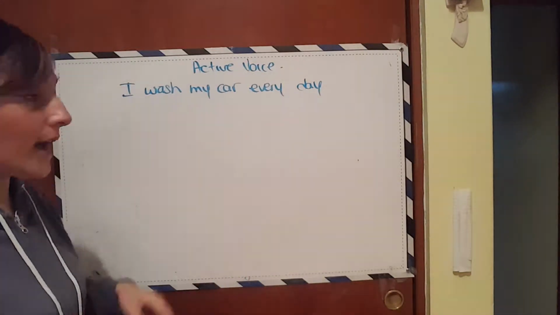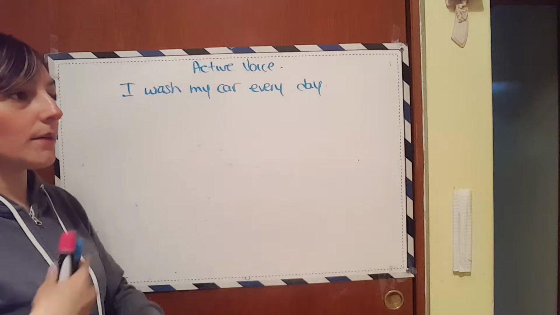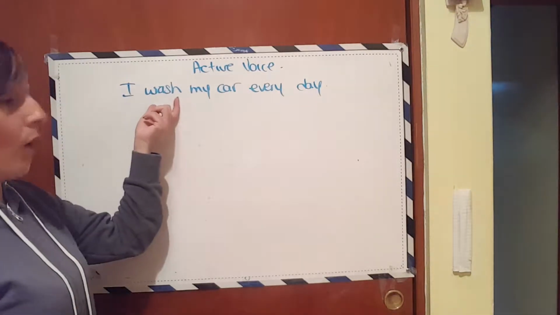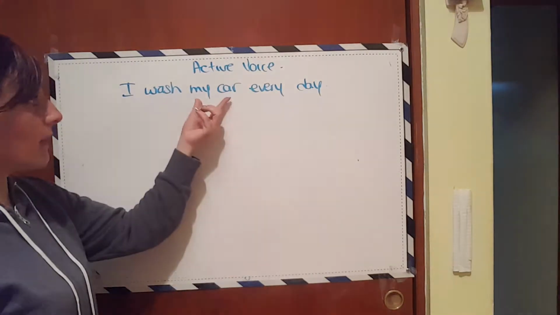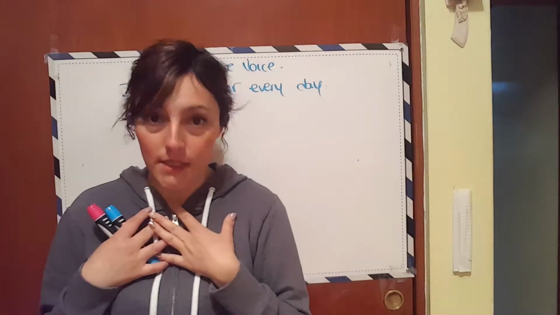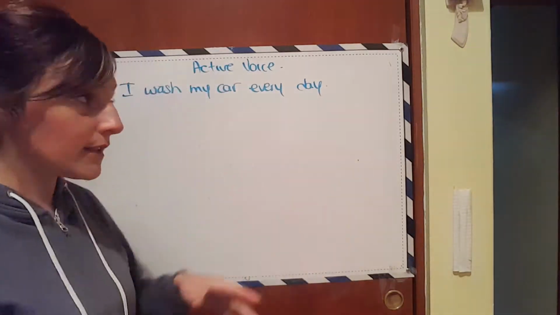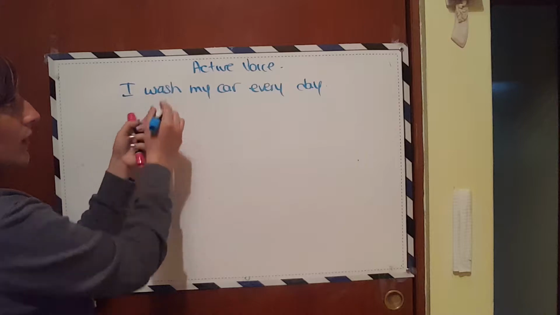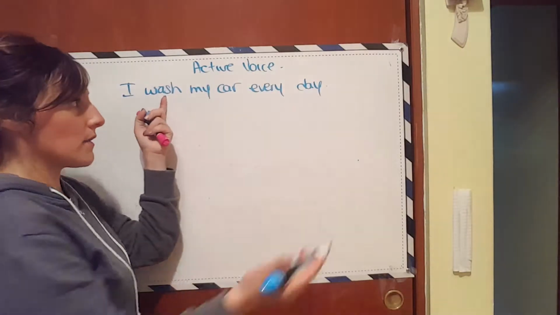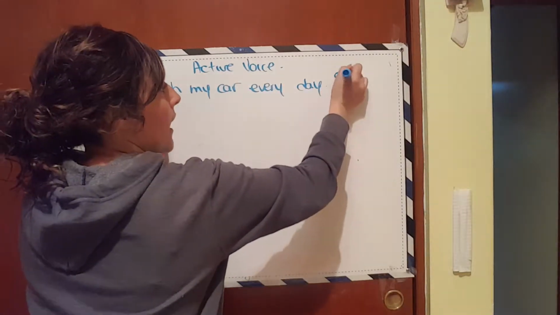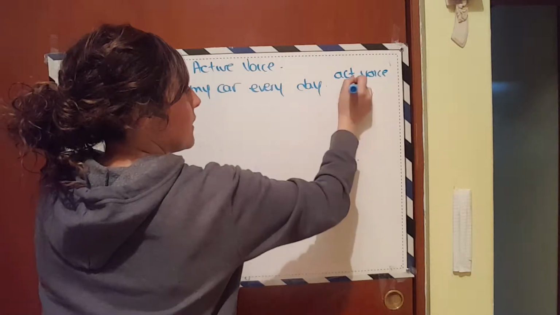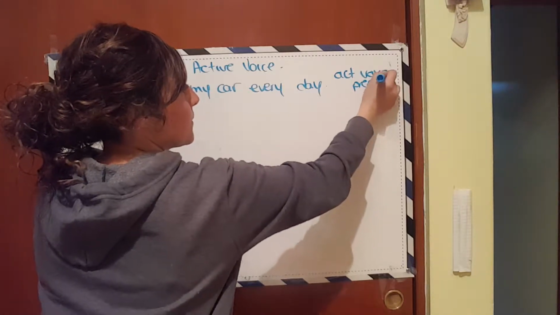So we said that I is the subject, the person that does the activity, wash is the activity, and then my car receives the activity, right? This is active voice, and as you see, wash is conjugated in the present. So this is active voice in present.